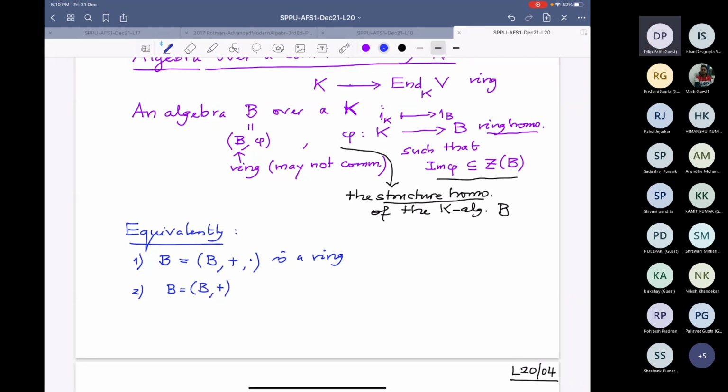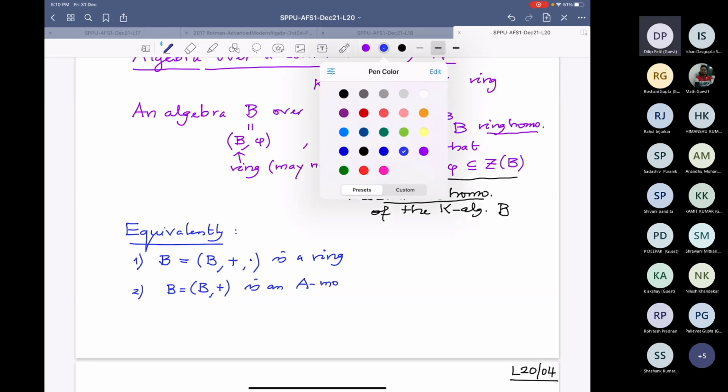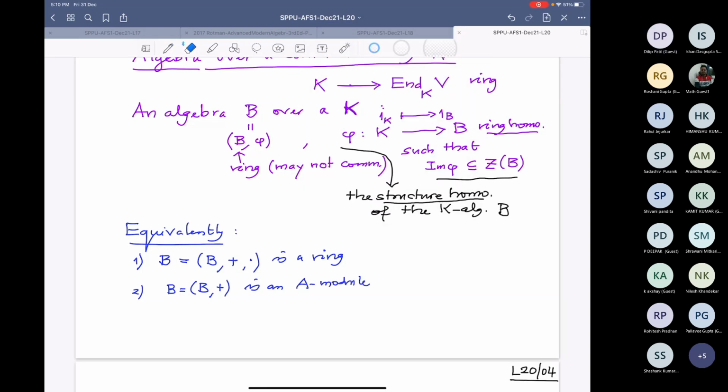This is an abelian group because it's a ring. So this is a K module. This is an abelian group and this is a K module means the extra thing we have given is that there is a scalar multiplication of K on B plus.